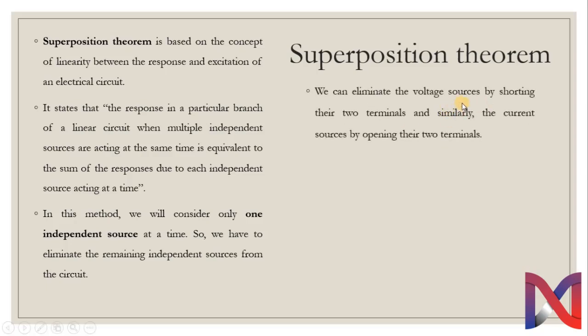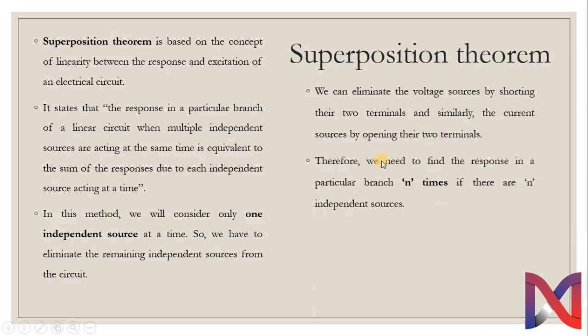We can eliminate the voltage sources by shorting their 2 terminals and similarly the current sources through opening of their terminals. Therefore, we need to find the response in a particular branch n times if there are n independent sources.